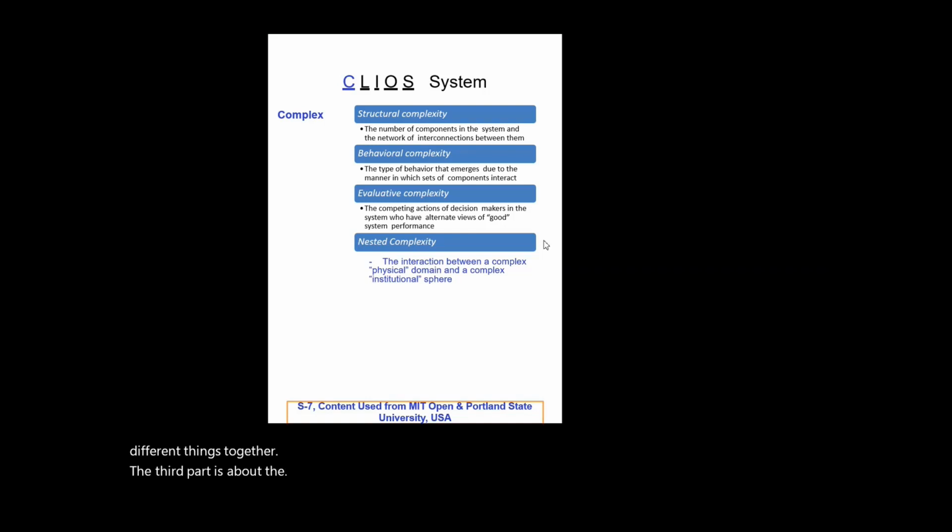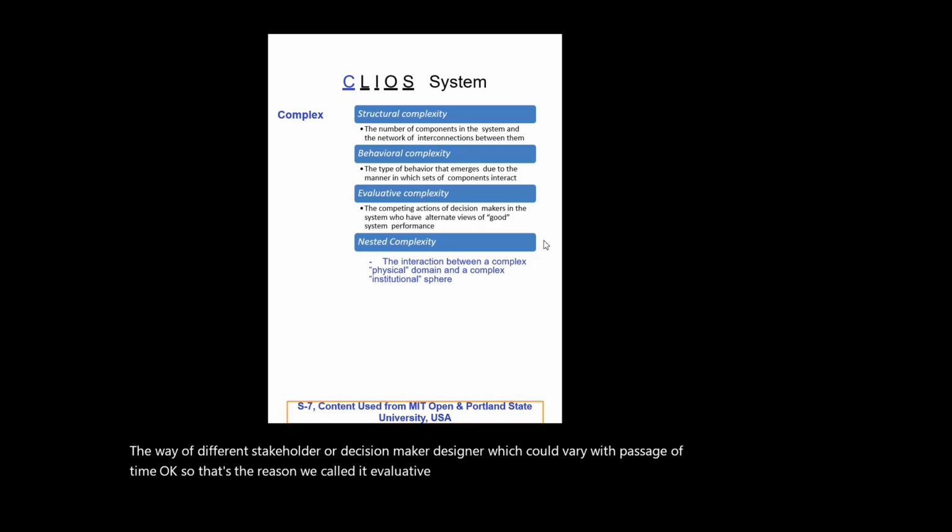The third part is about how we can evaluate complexity at the design level. So this is basically the way of different stakeholders, decision makers, designers, which could vary with passage of time. Okay, so that's the reason we call it evaluative, which means where we could bring changes with passage of time.